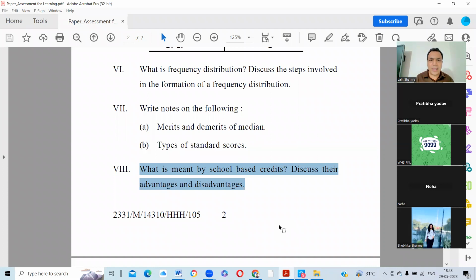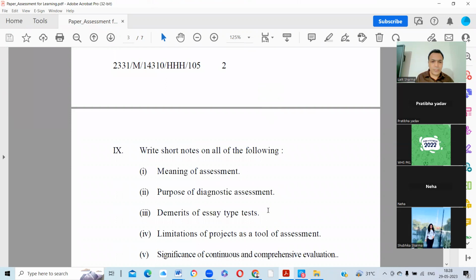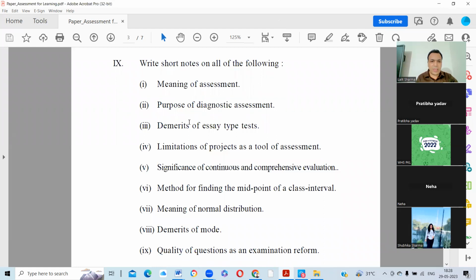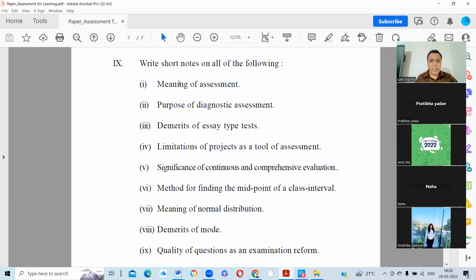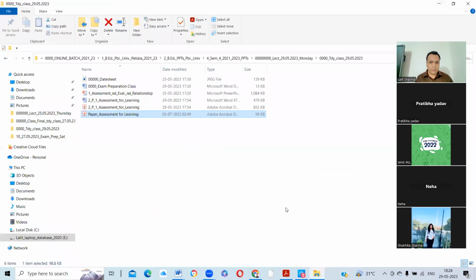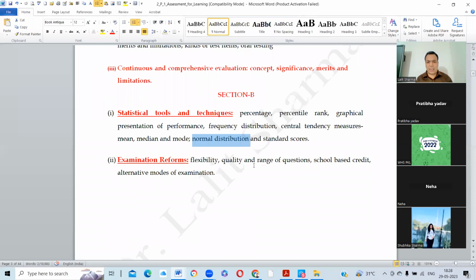The same questions will come, check it, right? Because no other questions can really be made. After that, in the notes, the 9th question too, I have solved all of the questions for you. Meaning of assessment, purpose, demerits, each and everything, right guys? So you have seen the last year paper and syllabus.